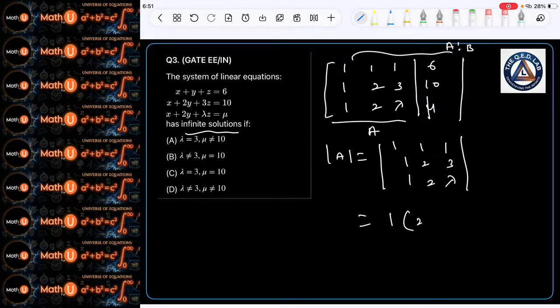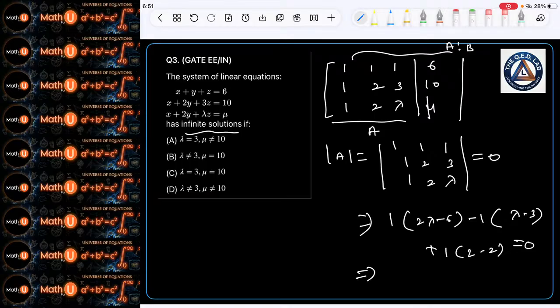Expand here: 2 lambda minus 6, minus 1 times (lambda minus 3), plus 1 times (2 minus 2). If you expand this, it is equal to 0. We get 2 lambda minus 6 minus lambda plus 3 equal to 0.